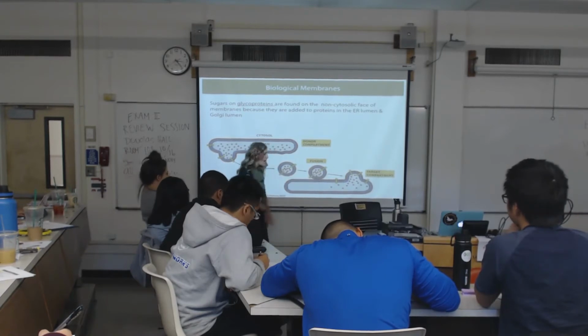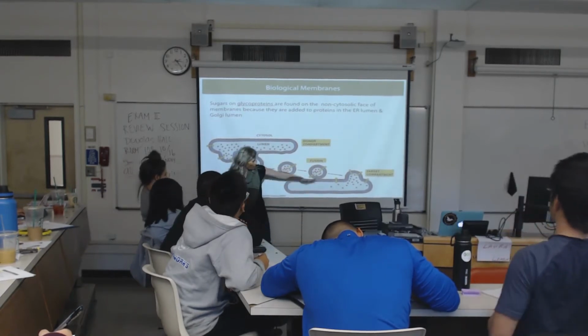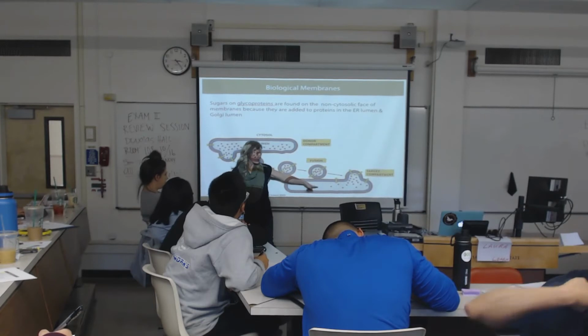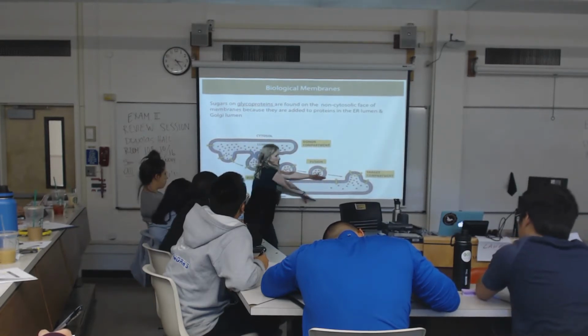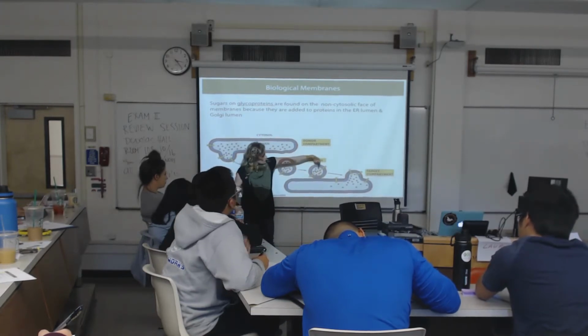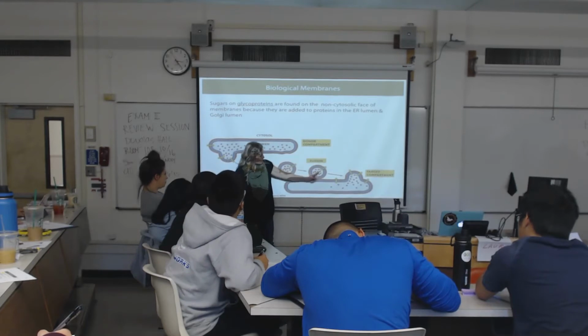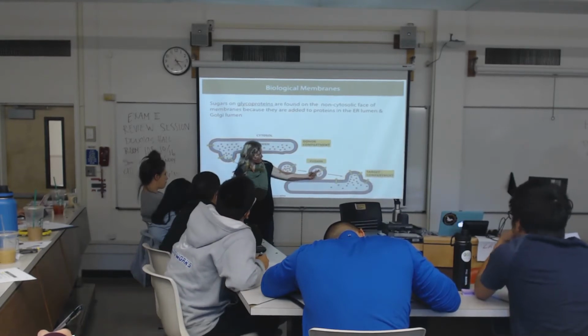Okay, and when that happens, that means that it dumps its contents into the lumen of the target compartment, or if it's fusing with the plasma membrane, that would represent the ECM. So get back to this protein that was glycosylated on the non-cytosolic side. That non-cytosolic orientation is preserved when it's fused.